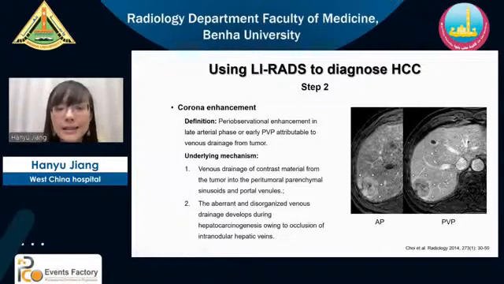The underlying mechanism includes the venous drainage of contrast material from the tumor into the peritumoral parenchyma, sinusoids, and the portal venules, and the aberrant and disorganized venous drainage develops during hepatocarcinogenesis owing to the occlusion of intranodular hepatic veins.